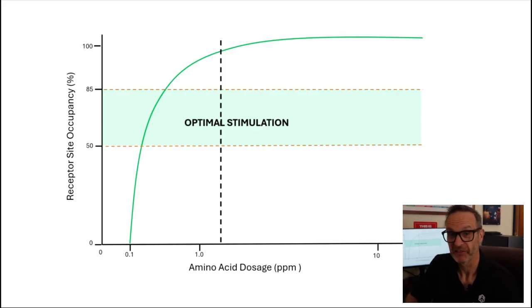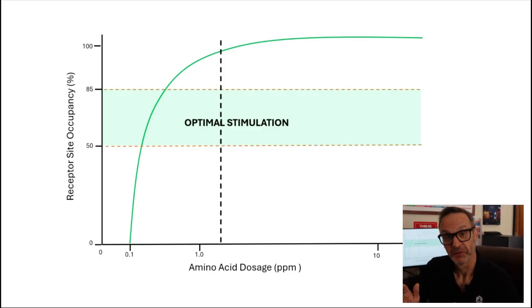It's called the therapeutic range, right? So you take an aspirin, between 50 and 85% of your receptors are bound to the aspirin drug itself, and that causes a therapeutic effect. And that's what we want to see. We want to see between 50 and 85% of the fish's amino acid receptors occupied, and that gives us that optimal stimulation, the so-called Goldilocks zone.